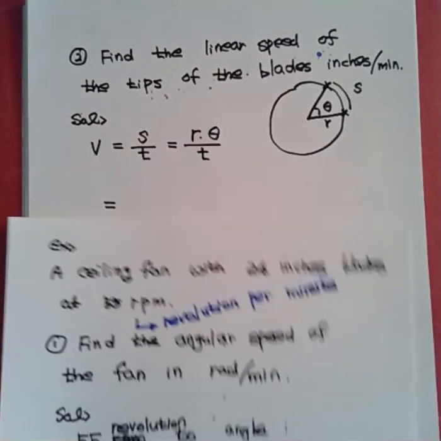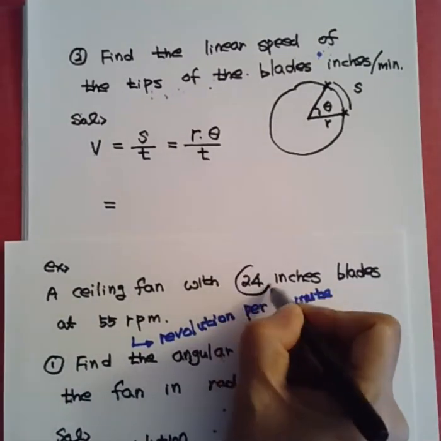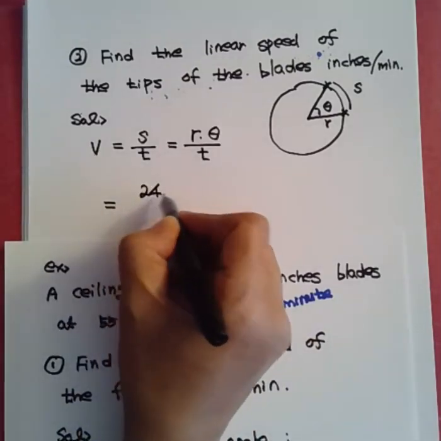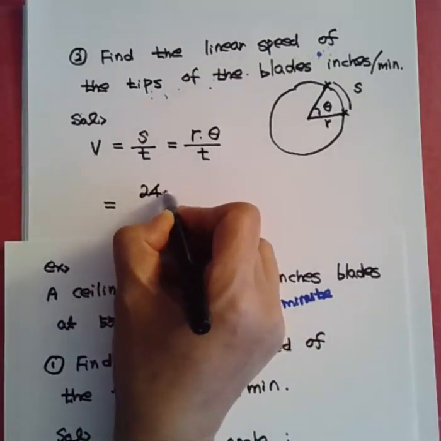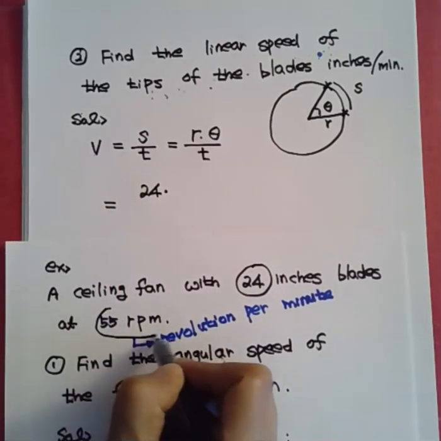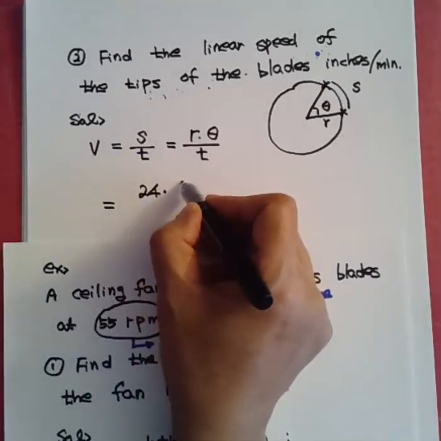In this problem, the ceiling fan is 24 inches, so 24 times, they said 55 RPM. When we convert that to angle measurement, that is 110 pi.